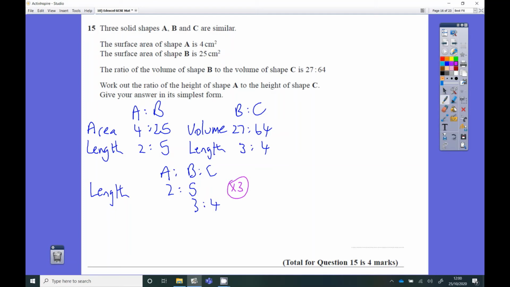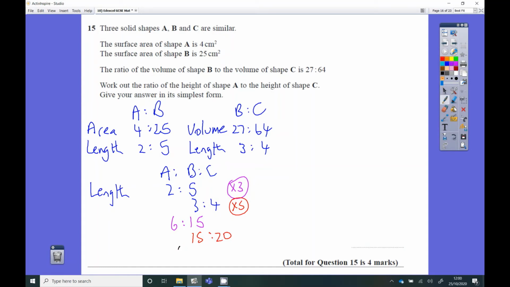So taking the first one and multiplying both by 3, we get 6 to 15. And taking the second one and multiplying by 5, we get 15 to 20. So we've now got a comparable ratio across the board of 6 to 15 to 20.